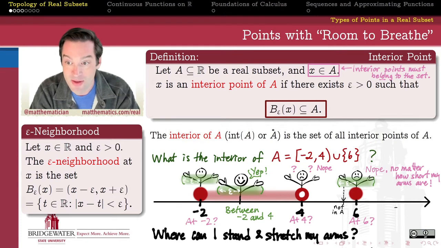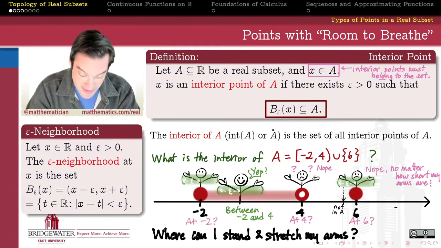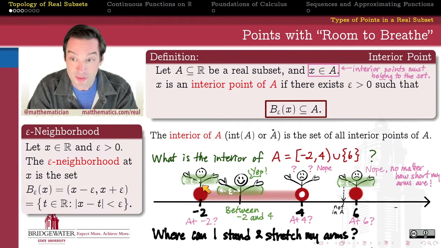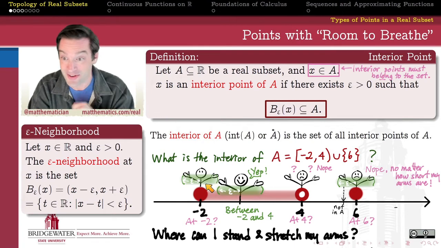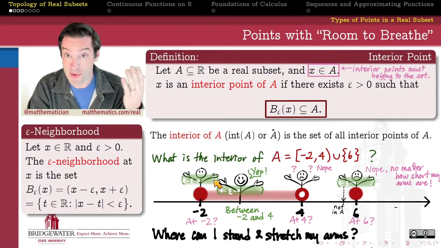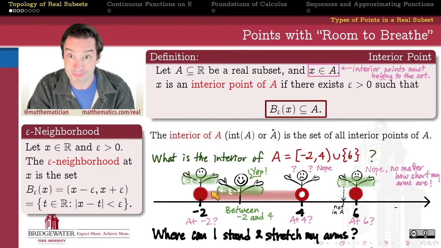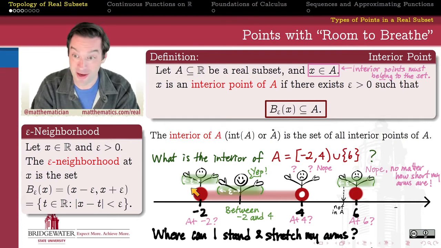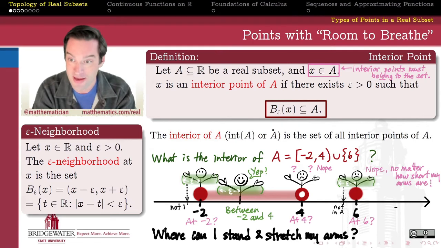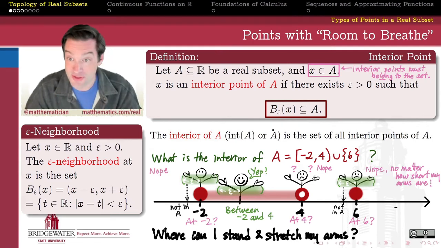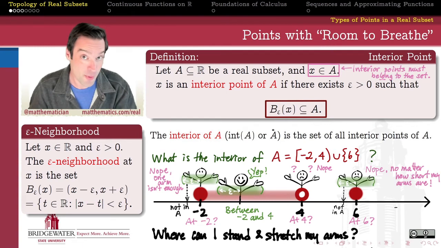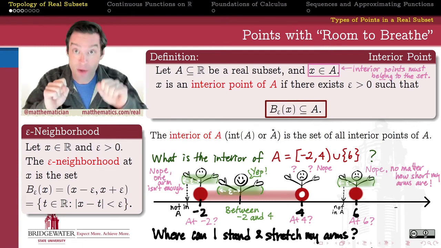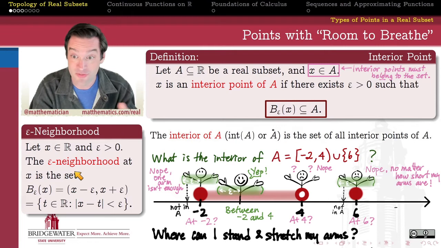And as you might imagine, the same thing is true about -2. When I stand at -2 and I reach out my arms to both sides, there's one direction that I can reach. If I reach out to my left, your right on the screen here, then all of those points that I touch, if my arm is short enough, are going to be elements of A. But when I reach out to my right, or your left, toward the negative side of the number line, I'm definitely, no matter how short my arms are, going to be touching points which lie outside of A. And so -2 also does not get to be an interior point of A. It's a point of A, but it's not one at which I can reach out to both sides, so that's a key part of the definition of epsilon neighborhood.